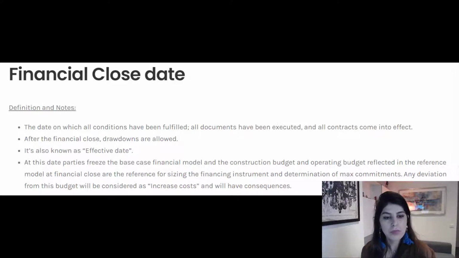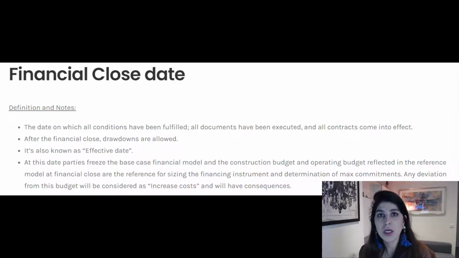Okay. In the definition of financial close, if you look at it in the term agreement, you will see that most of the time there are a lot of conditions in order to reach that financial close. They are specific to each project, but the most common ones are, first of all, you should have signed the loan agreement. You should have signed all the agreements, the O&M agreement, the EPC.